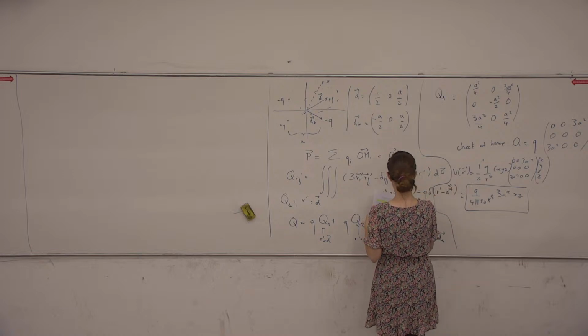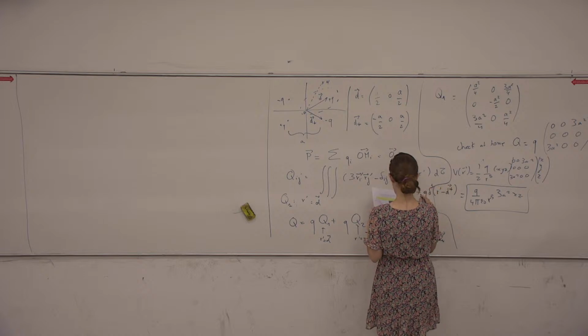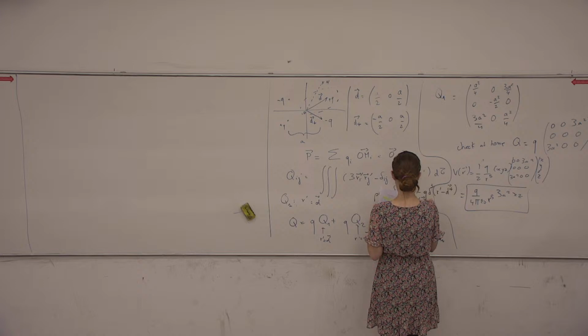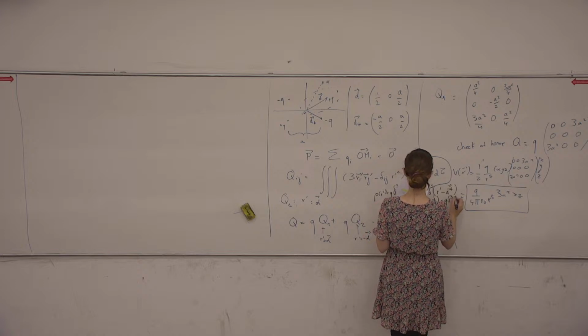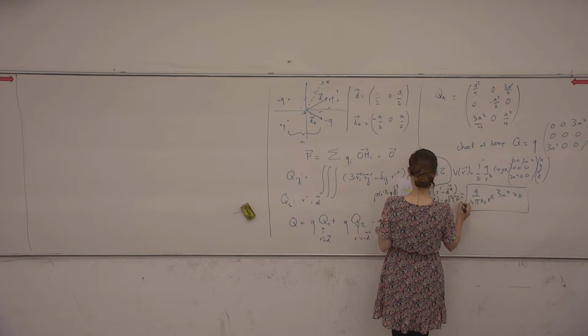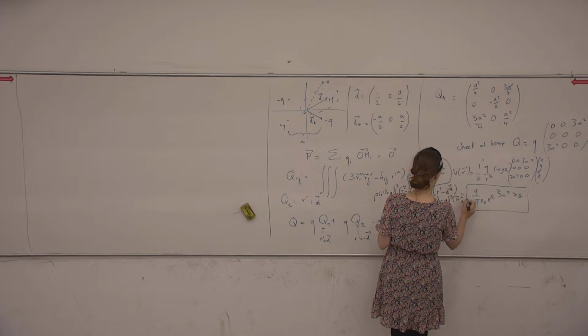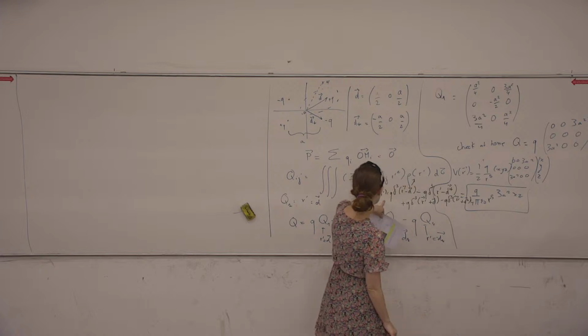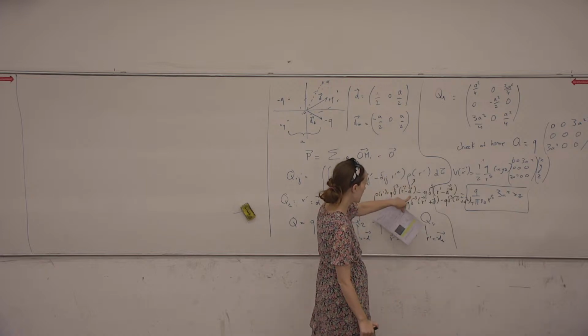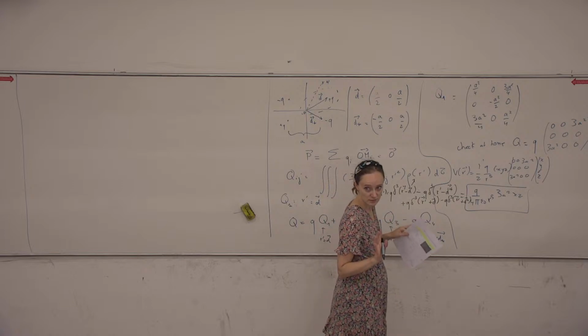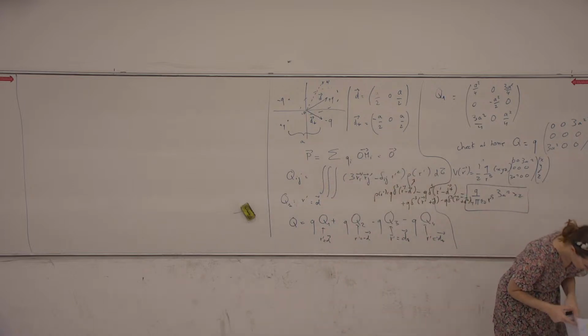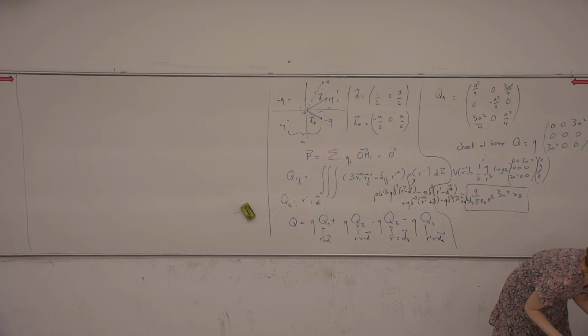Plus Q, a delta cube, right? A delta function of R prime plus D, minus Q of a delta function of R prime plus D star. So these terms will cancel whenever you are not on one of these charges. This should help you.